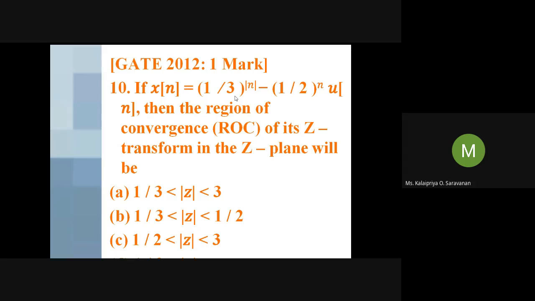Write down the ROC for all the three terms, consolidate the ROC and pick the answer from the given options. I'll give you a few seconds to wait for your answer. Post your answers in the chat box.